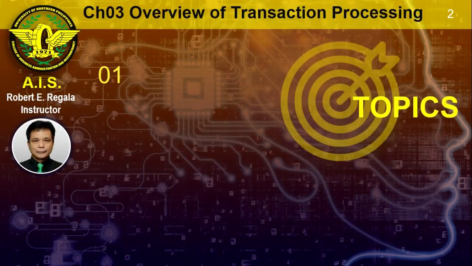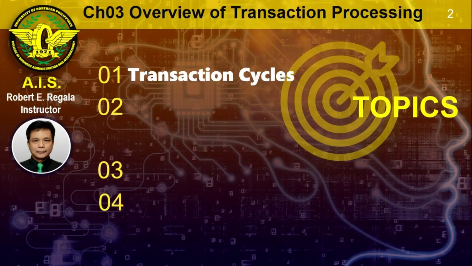Our topics for this discussion are 1. Transaction cycles. Discusses the expenditure, conversion, and revenue cycles which process most of the entity's financial transactions. These cycles exist in all businesses, both the profit-making and non-profit types. 2.